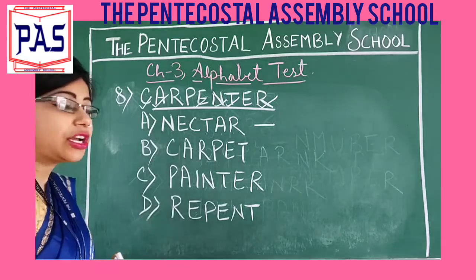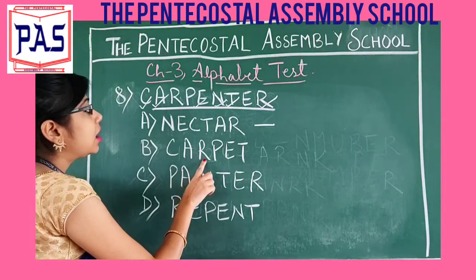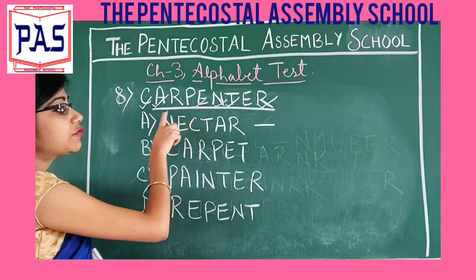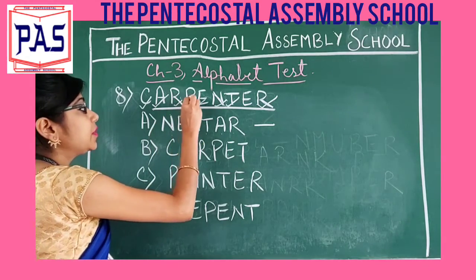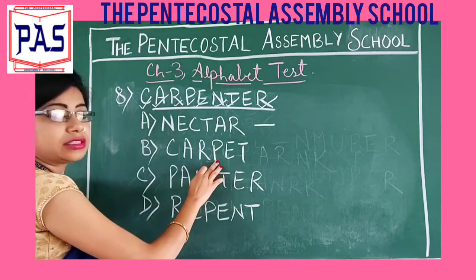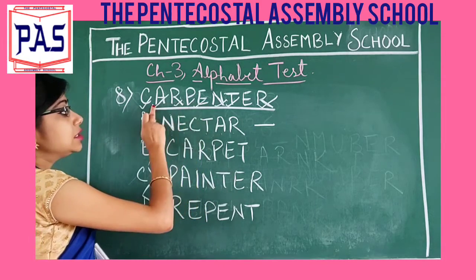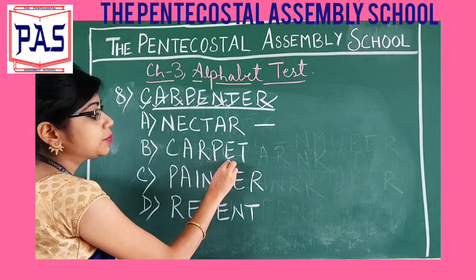Now let's check option B. Carpet. C-A-R-P. You can see the first 4 letters of the word carpenter are there, and the next is E. C-A-R-P-E is present.